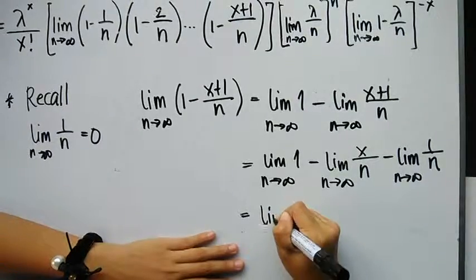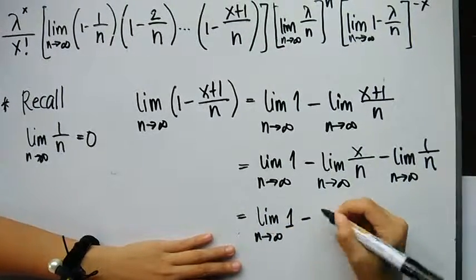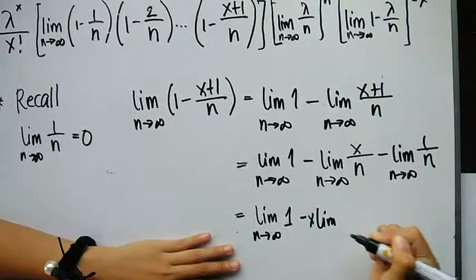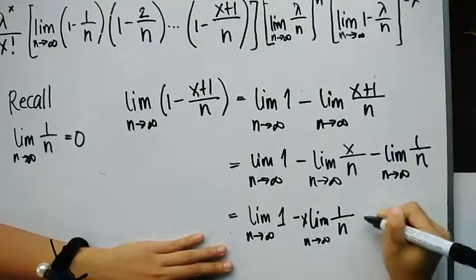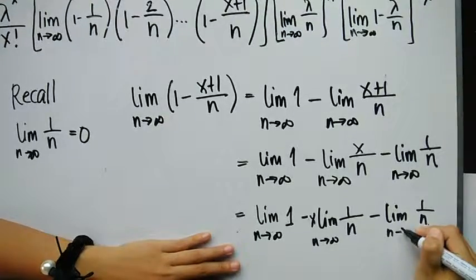Now, we have the limit of 1 minus the limit of, put the x here, 1/n as n approaches infinity minus the limit of 1/n as n approaches infinity.